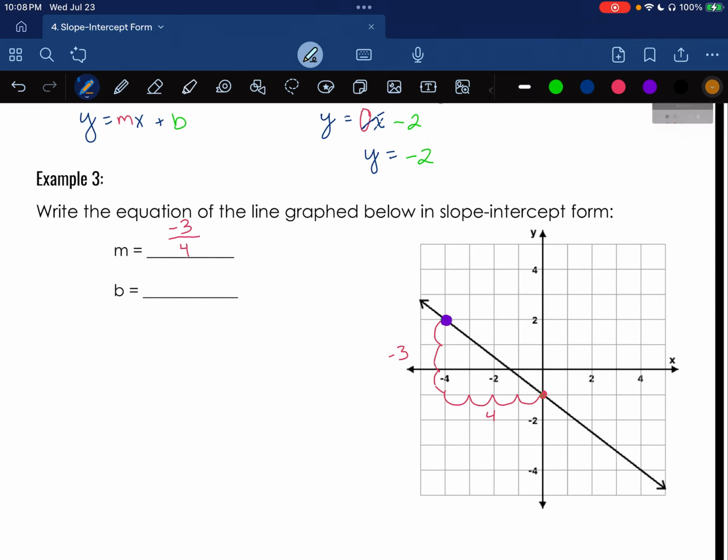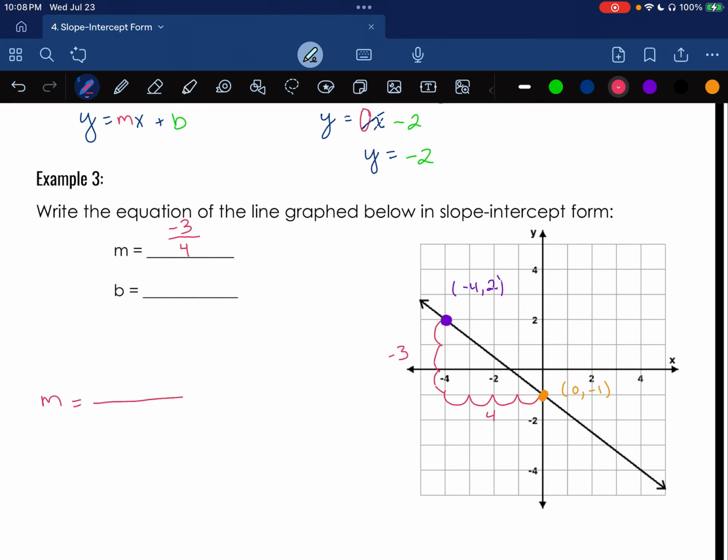And if we want to use the slope formula for that, we would take my purple point and put 2 over -4, and my orange point and put -1 over 0.